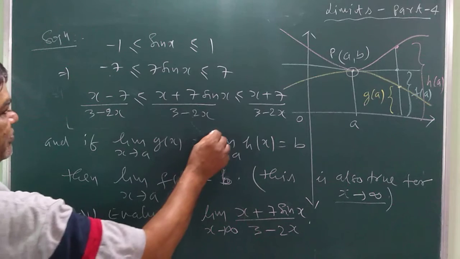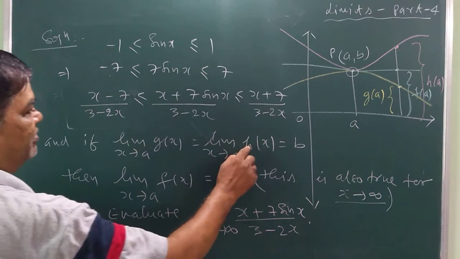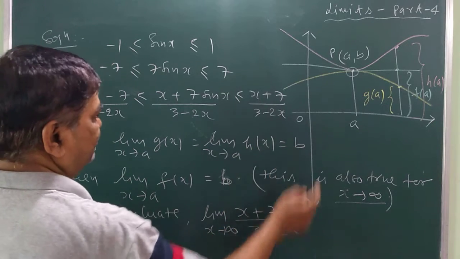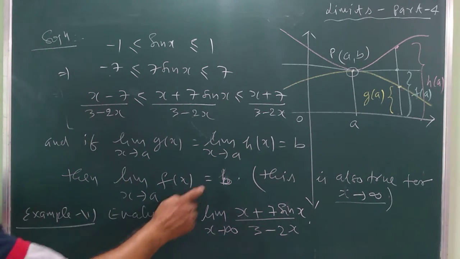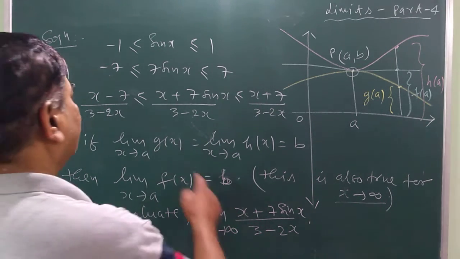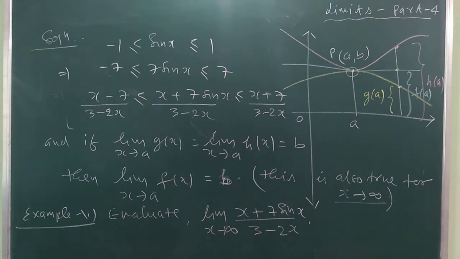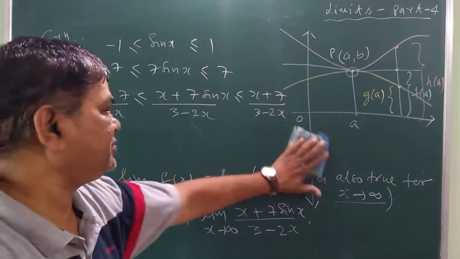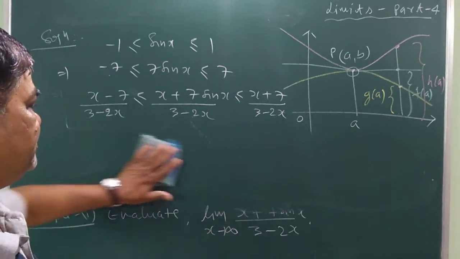This theorem will be applied when the limit as x tends to a of g(x) is equal to the limit as x tends to a of h(x), equal to b. Then the limit of f(x) as x tends to a is also equal to b. We are taking just here the limit as x tends to infinity. So implementing the sandwich theorem, this can be sorted out.